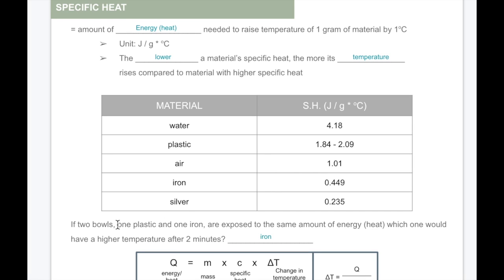If we had two bowls, identical except that one is made of plastic and one is made of iron, and they're exposed to the same amount of energy or heat, which one would have a higher temperature after 2 minutes? Because plastic has a higher specific heat than iron, the iron is going to get a higher temperature because it requires less energy to heat up.